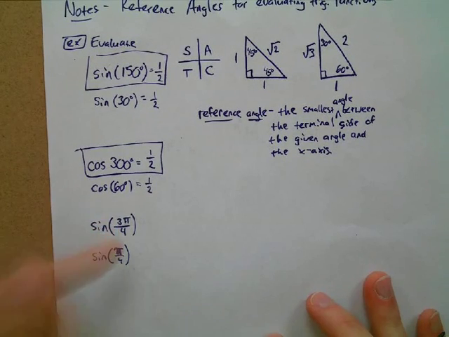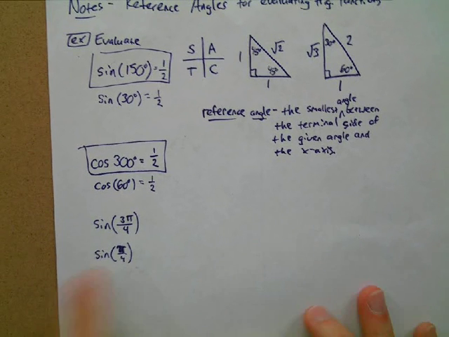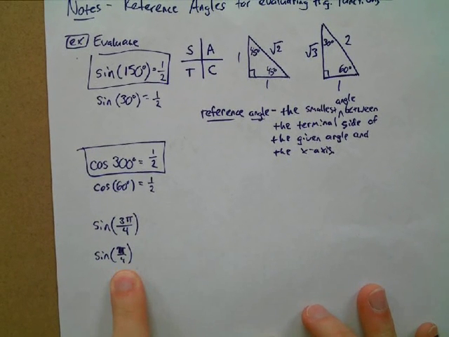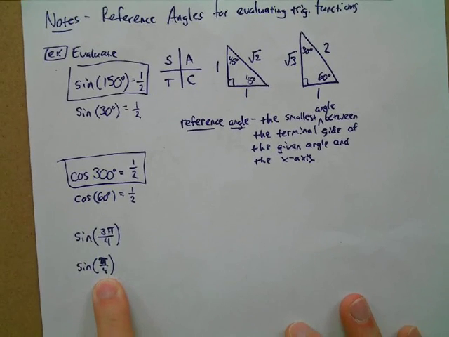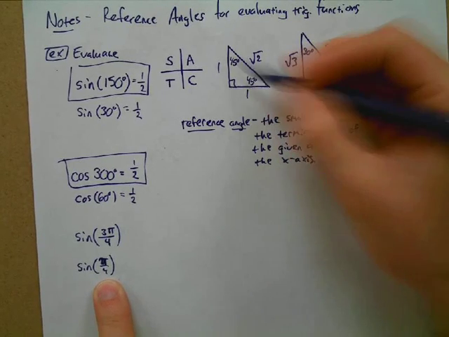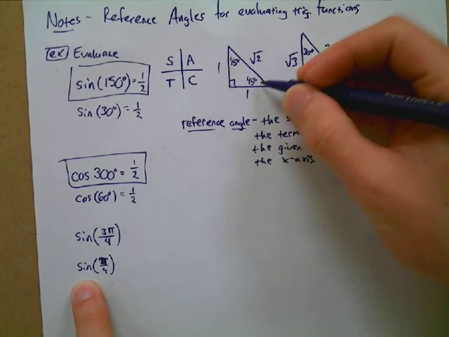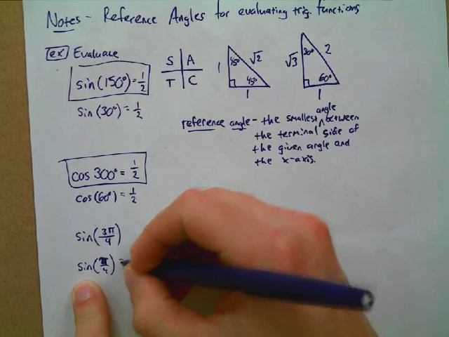So sine of pi over 4. We have to remember pi over 4 is the same as what degrees? 45. So we go over to either of the 45s here, and sine is opposite 1 over hypotenuse root 2. Rationalizing by multiplying by root 2 over root 2 gives us root 2 over 2.